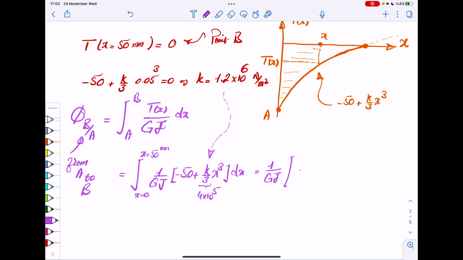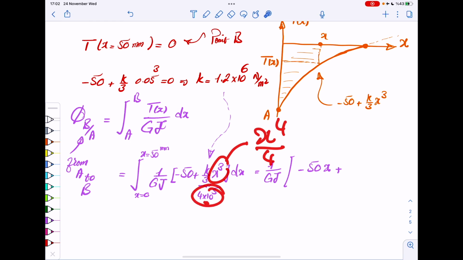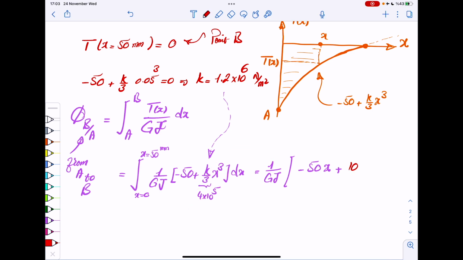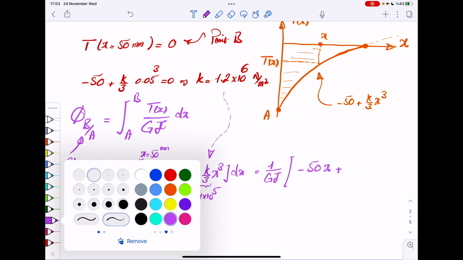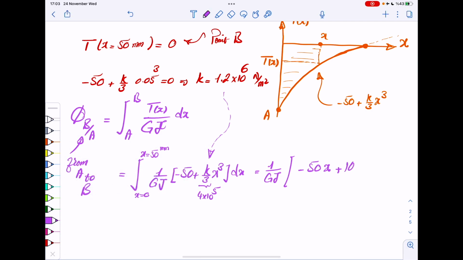So I get minus 50x plus x4 divided by 4. But remember, this thing was 4 times 10 to power 5. So the 4s will cancel. So you get 10 to power 5 of x to the power 4. And then again, from 0 to 50 millimeters.